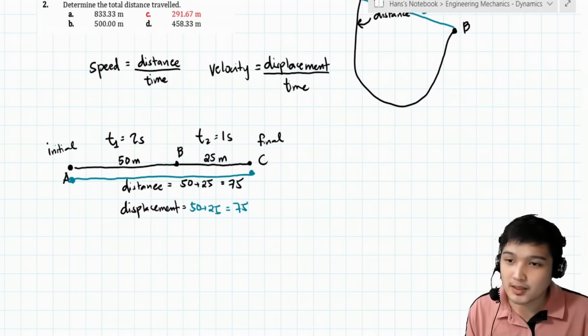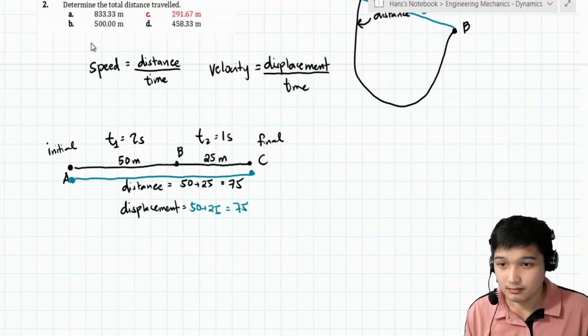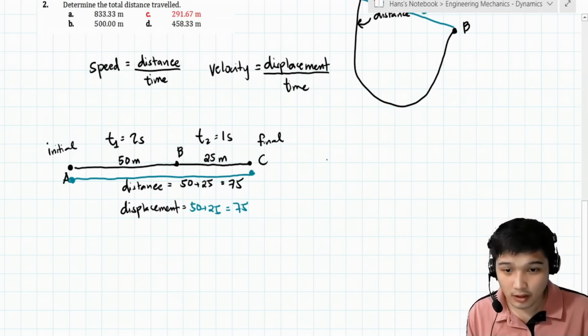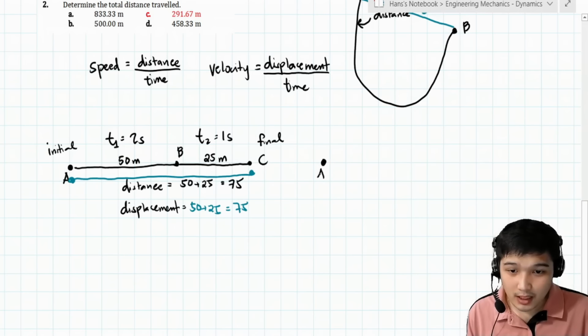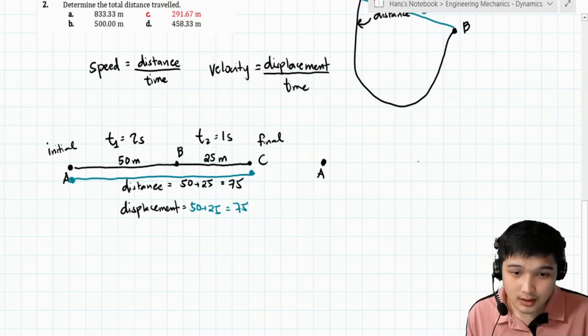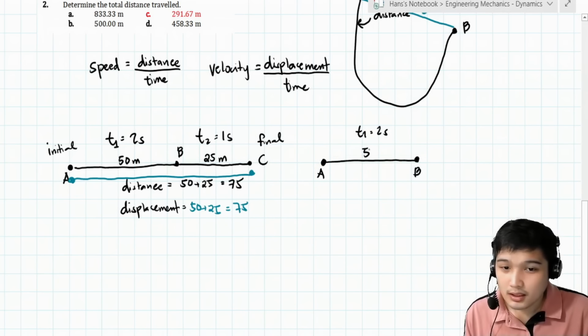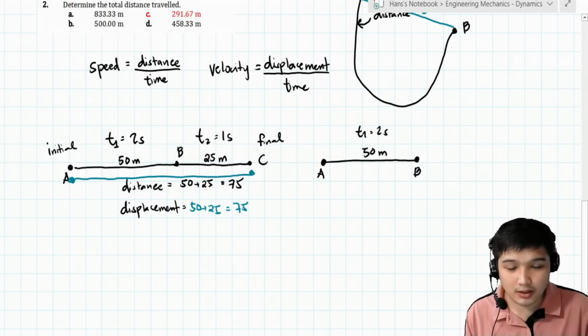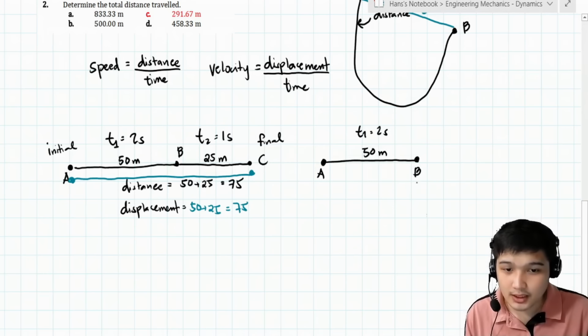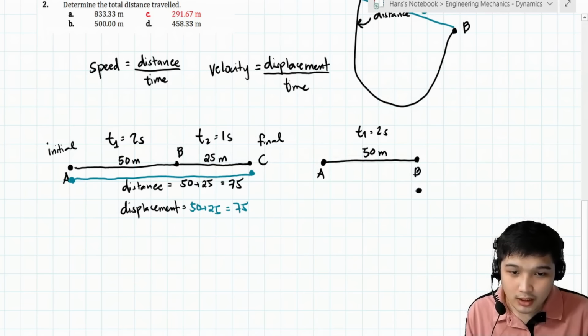So, saang case naman sila hindi magiging parehas, guys? So, kapag ganito. Kapag nag-travel from A, nagpunta kay B, again with time equal to 2 seconds, at ang travel distance is 50 meters. Tapos, after another 1 second, let's say ito yung point B, drawing ko na lang sa baba, and then yung naging tinravel niya is backwards, no?